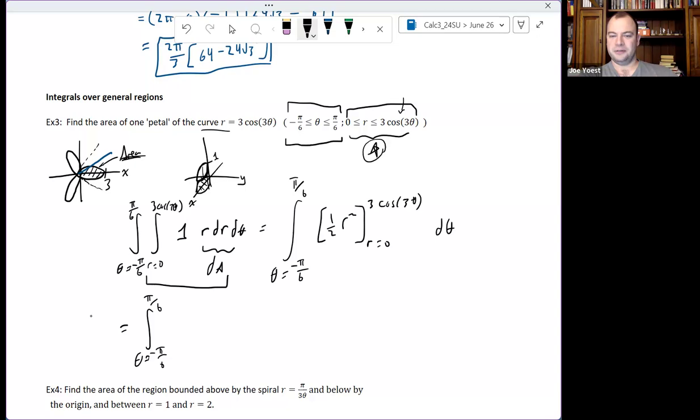Theta goes from minus pi over 6 to pi over 6. I have a 1/2, let me just pull that out front. And then r squared is going to be 9 cos squared of 3 theta, minus 0. Just the d theta after that.